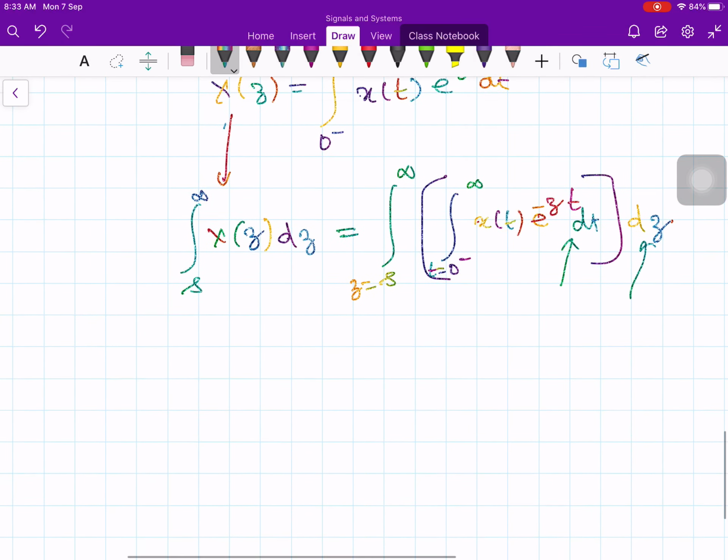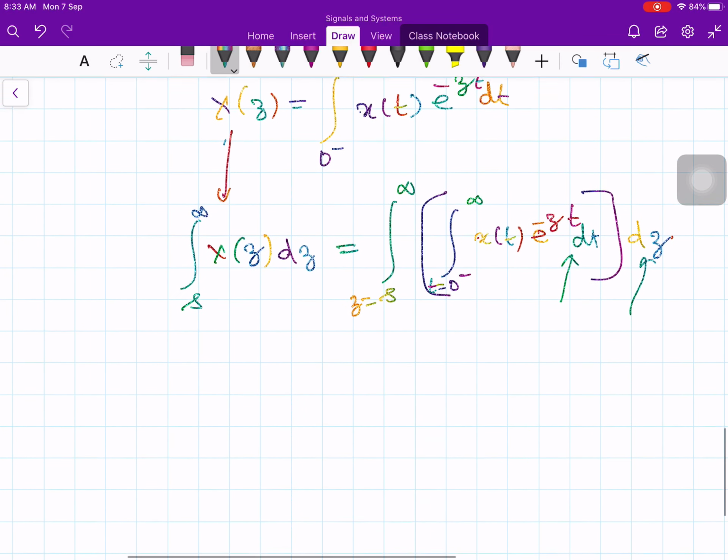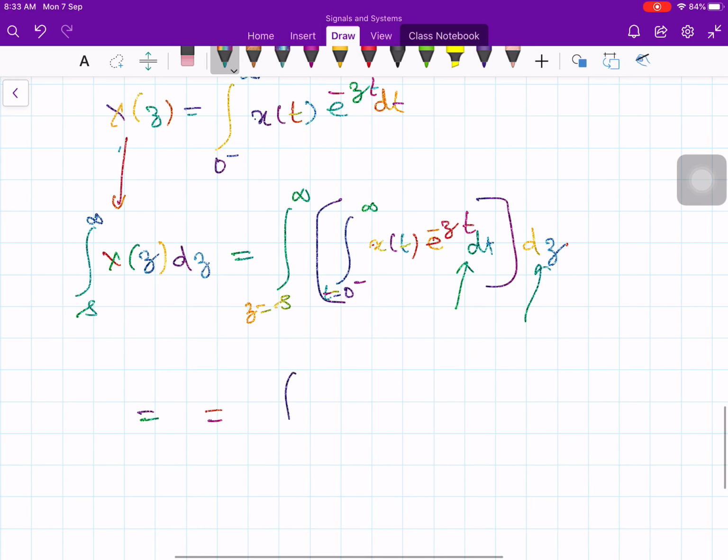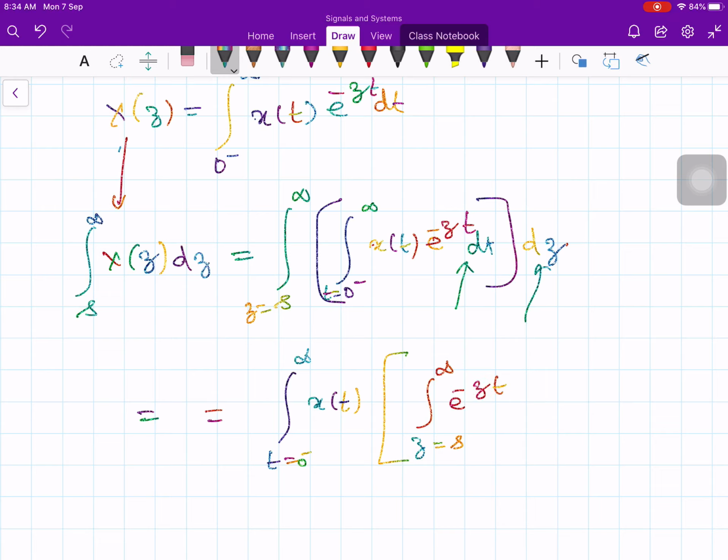So this integral I can write as the integral from t equals 0 minus to infinity of x(t), then you integrate with respect to z first: z equal to s to infinity of e to the minus zt dz, and then dt.